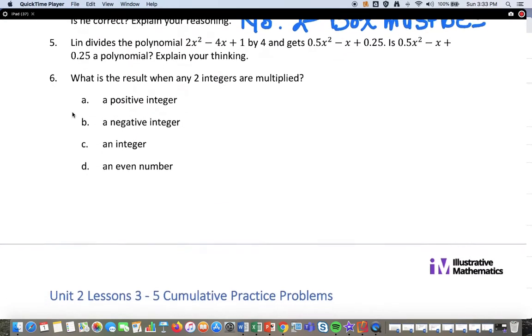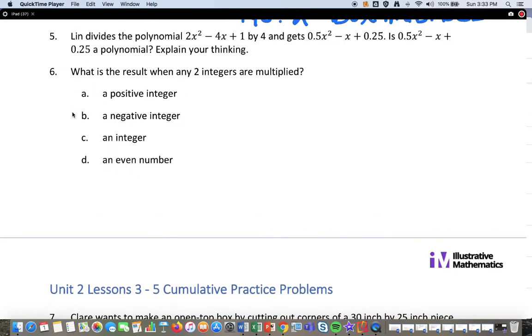Number 5, Lynn divides the polynomial 2x squared minus 4x plus 1 by 4 and gets 0.5x squared minus 1x plus 0.25. And they're asking, is 0.5x squared minus x plus 0.25 a polynomial? And that is. Our coefficients can be real numbers, and our exponents have to be whole numbers when it's written in standard form like this. So this is yes.